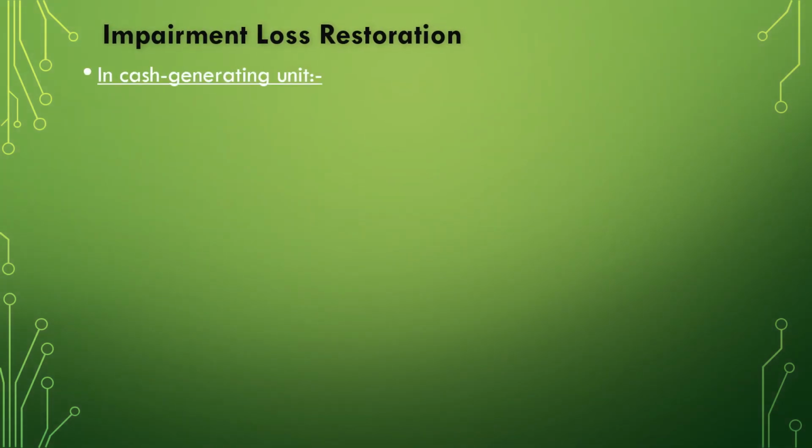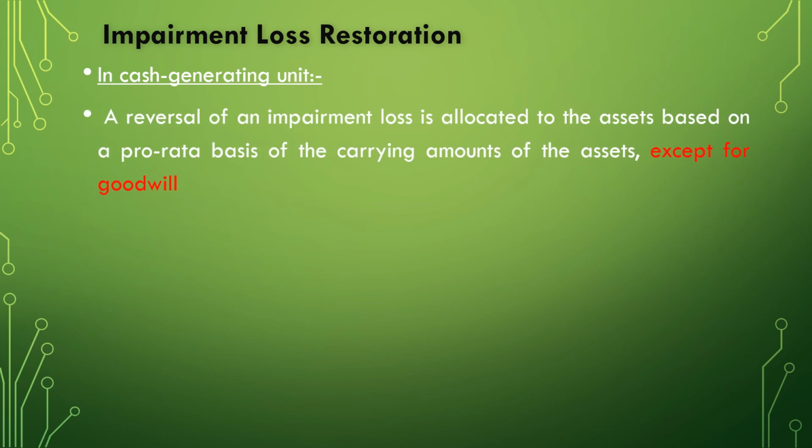In a cash generating unit, a reversal of an impairment loss is allocated to the assets of the unit on a pro rata basis of the carrying amount of the assets, except for goodwill.